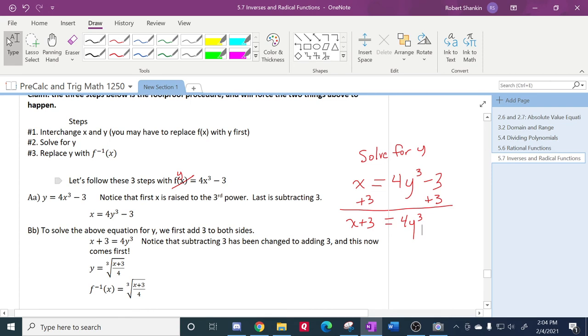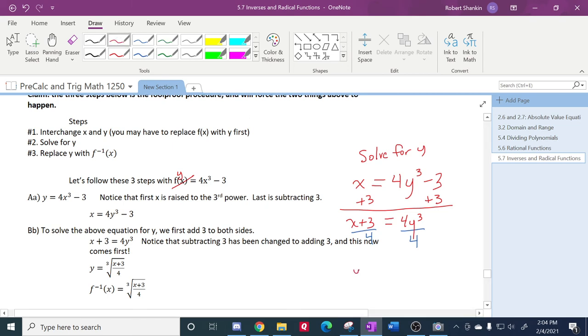So we handled the subtract 3 and turned it into add 3. If we're reversing the order, the next thing should be dividing by 4. And that's exactly what happens when I solve for y. I don't take the cube root of both sides, I divide by 4. Just following the steps of solving for y forces you into the correct order.